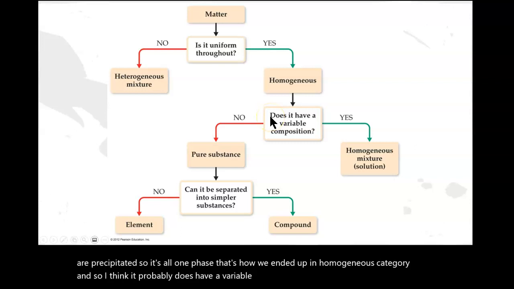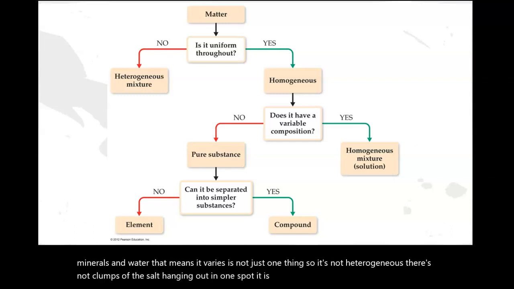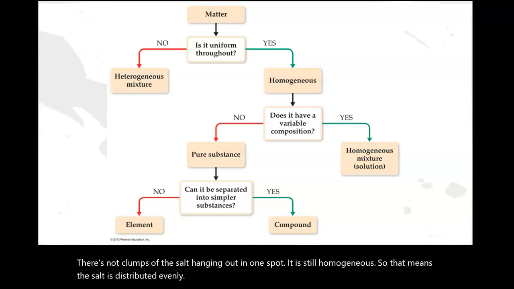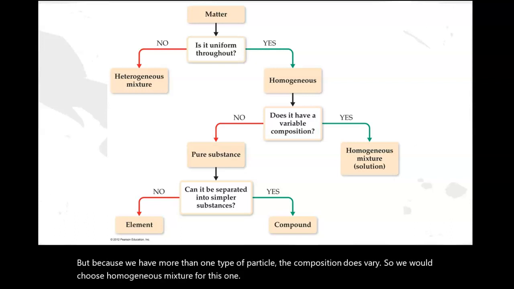Because if you've got minerals and water, that means it varies. It's not just one thing. So it's not heterogeneous. There's not clumps of the salt hanging out in one spot. It is still homogeneous, so that means the salt is distributed evenly. But because we have more than one type of particle, the composition does vary. So we would choose homogeneous mixture for this one. So that's how that works, okay?